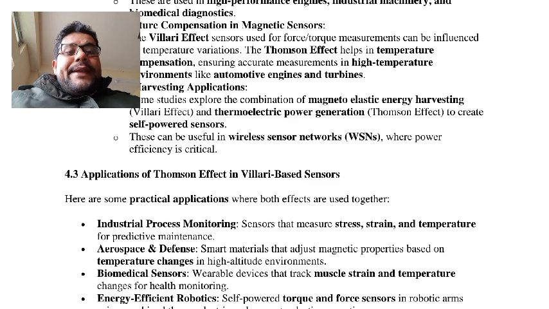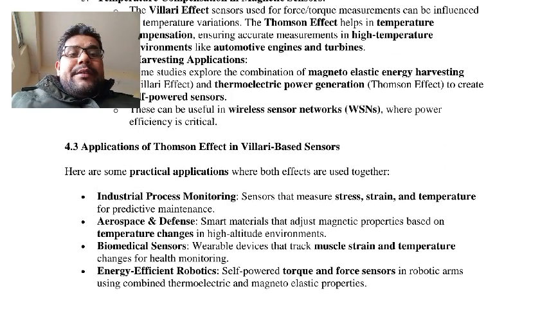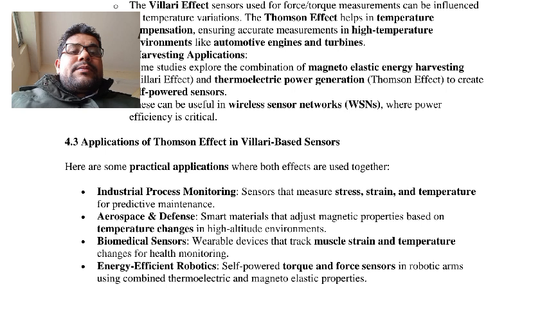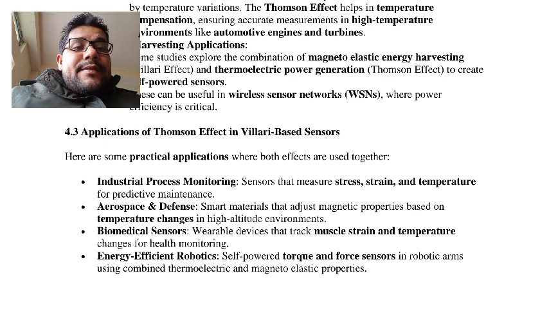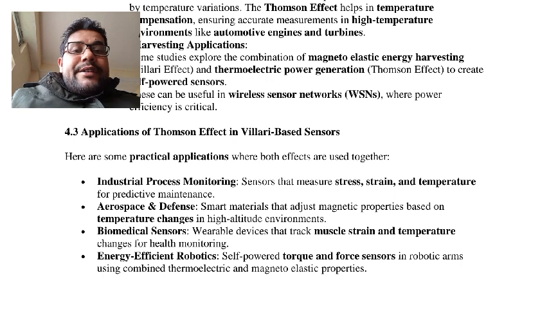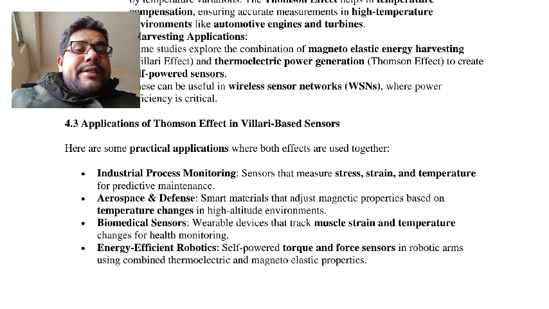Second is the application of the Thomson effect. Here are some practical applications where both effects can be used. Industrial process monitoring: sensors that measure stress, strain and temperature for predictive maintenance. Aerospace and defense: smart materials that use magnetic properties in high altitude environments.